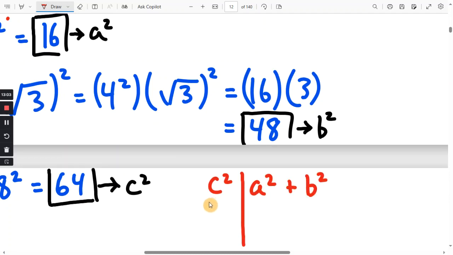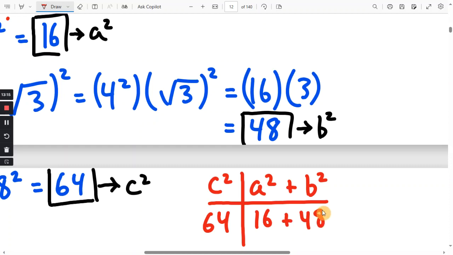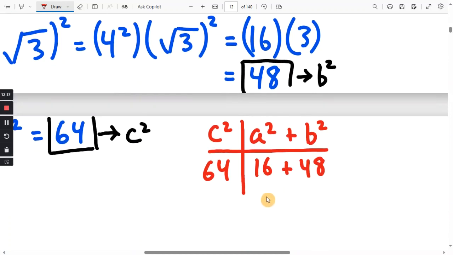C squared versus a squared plus b squared. All right, I was hoping to get a different answer here, but I guess not. C squared is 64. 16 plus 48 over here. Okay, and this one is 64. So again, this one turns out to be a right triangle since 64 equals 64.